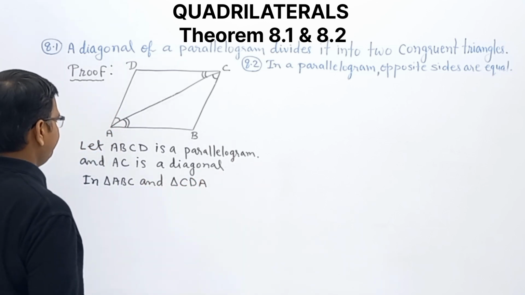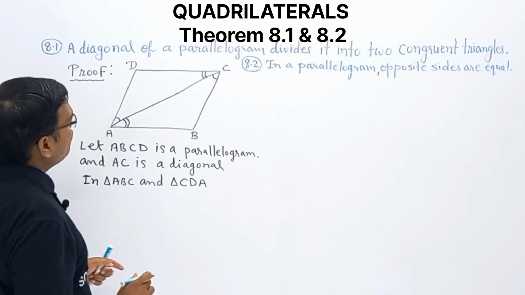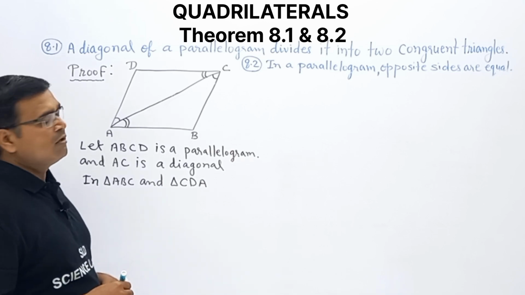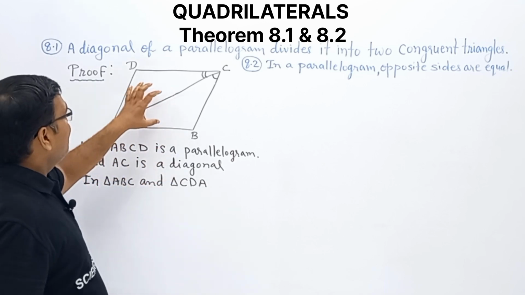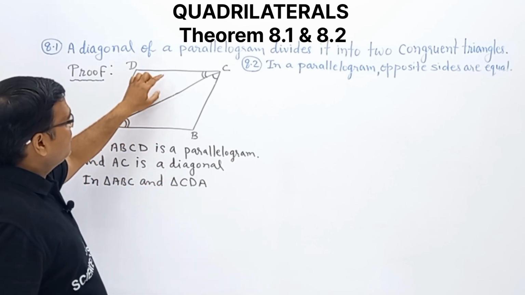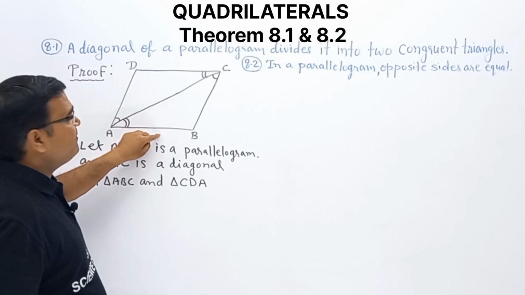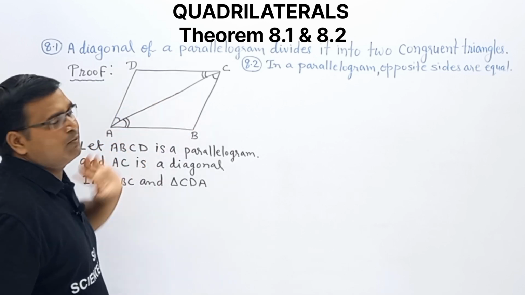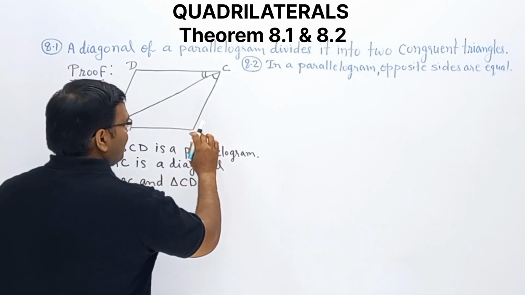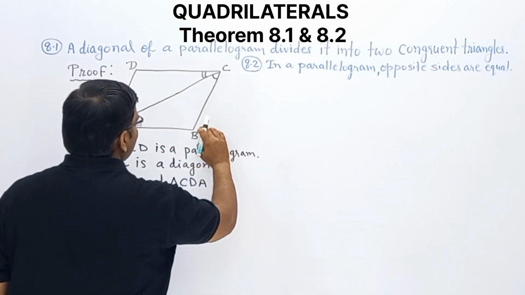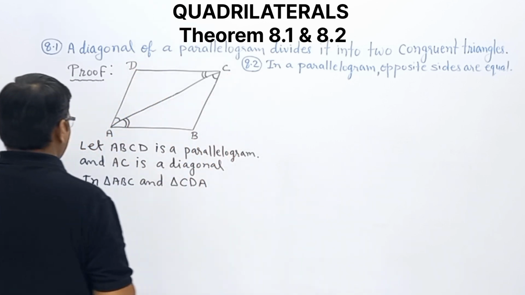Now observe what we see from this diagram, in which this side is parallel to this one and this side is parallel to this one. Clear? Now I am taking BC. BC is parallel to AD.